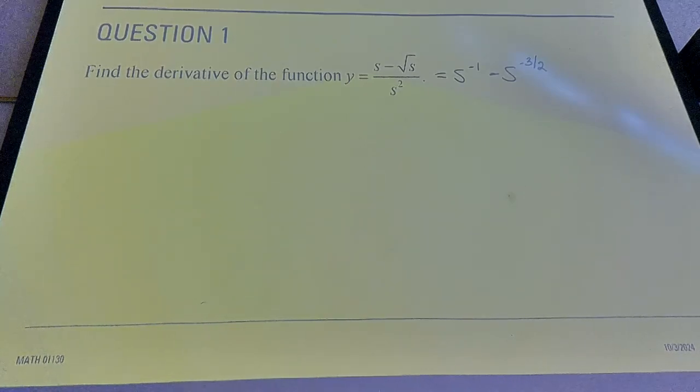Now, isn't that just power rule? Negative s to the minus 2 plus 3 halves s to the minus 5 halves.